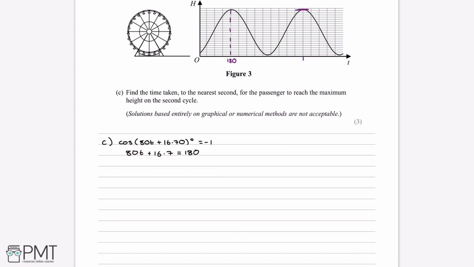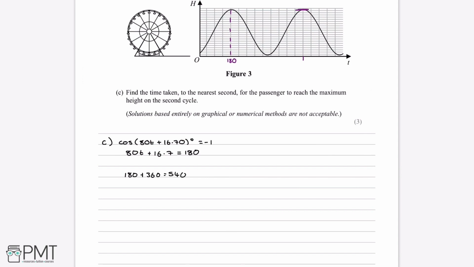And we know it's the first one and not the second one because the calculator always gives us the first possible option, if that makes sense. So to find the next one, as a general rule for these kinds of graphs, we just add 360. So 360 plus 180 is 540. So we can therefore say that this next maximum occurs at 540.